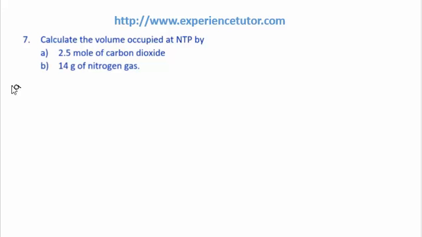We know that 1 mole of gas at NTP occupies 22.4 liter volume.